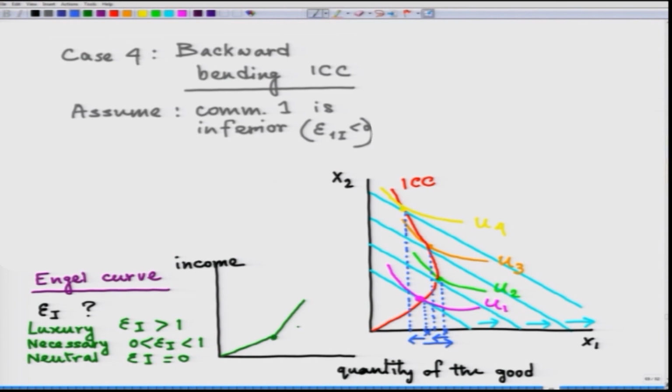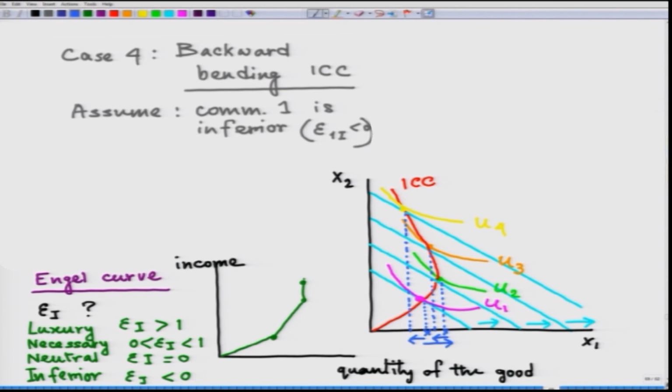So, here for the neutral goods there can be a stretch in the Engel curve which will be parallel to the income axis, and then finally there are inferior commodities for which we observe income elasticity to be negative. In that case, with a rise in income the quantity demanded will fall.